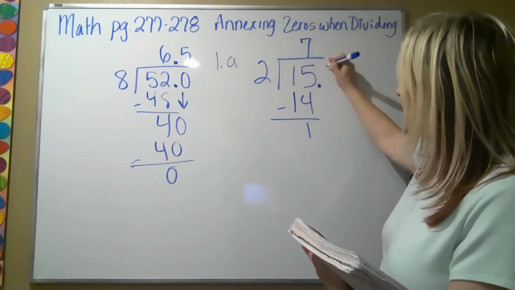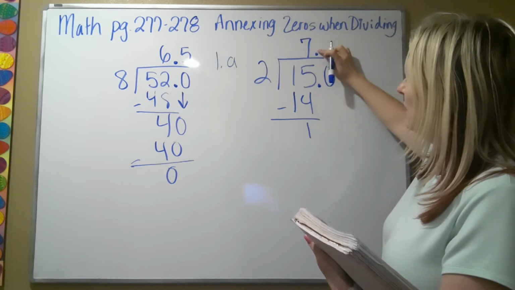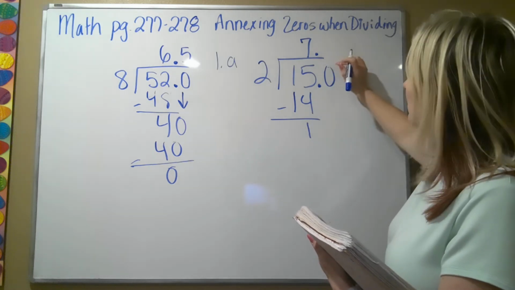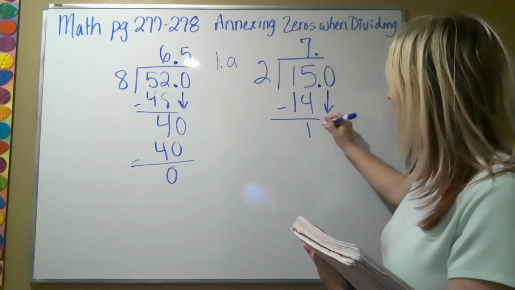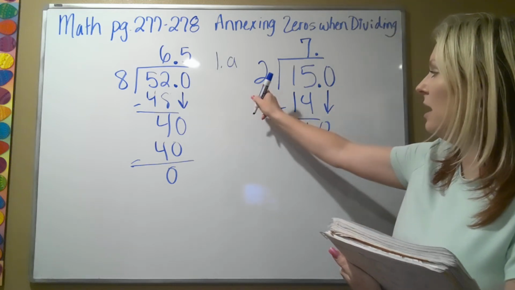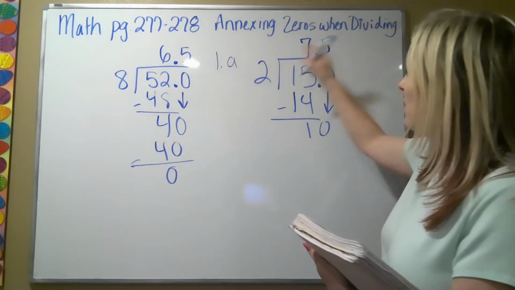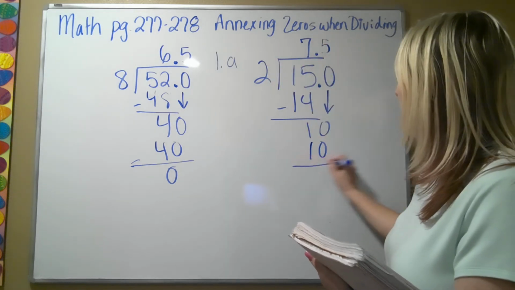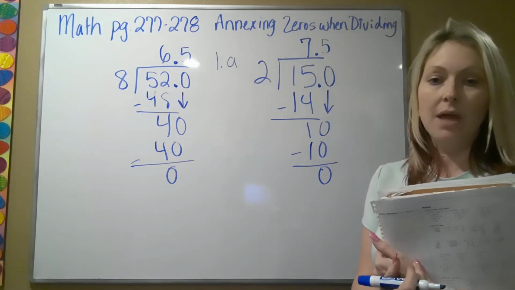So I put my decimal place, I add my 0, and I carry my decimal place up into the quotient. Then I bring my 0 down, making this a 10. 2 goes into 10 5 times. 5 times 2 is 10. I subtract and I get 0. See how we did that?